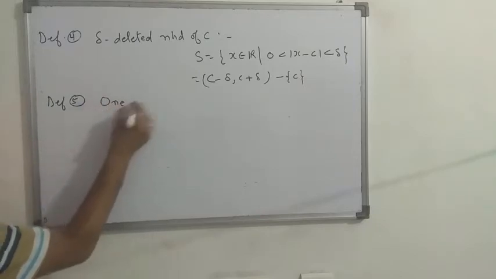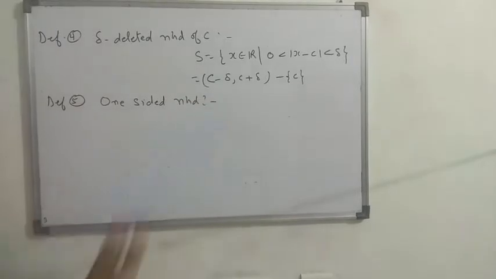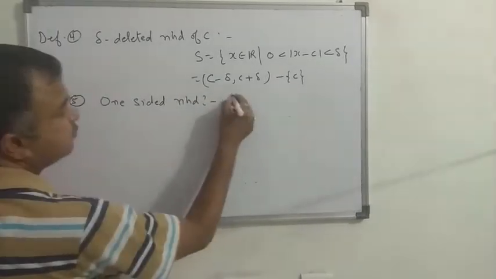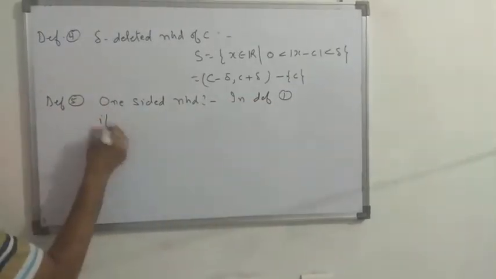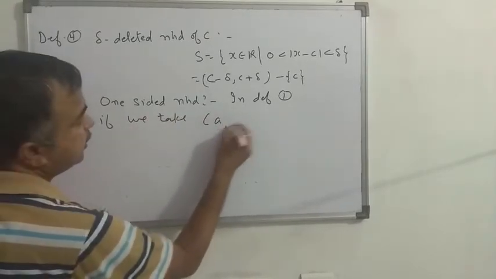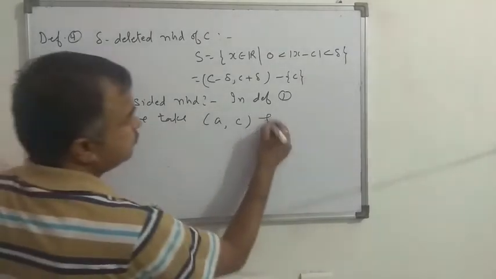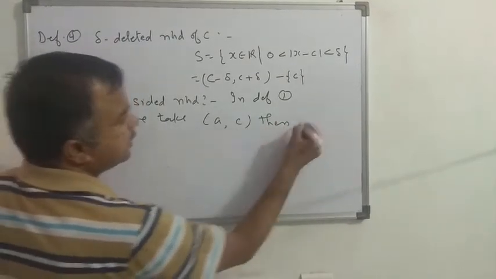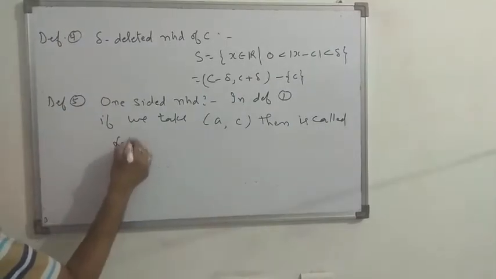Fifth definition, one-sided neighborhood. In definition 1, if we take the interval (a, c) only, that is, the points lying towards the left of the point c, then this (a, c) is called the left neighborhood of c.